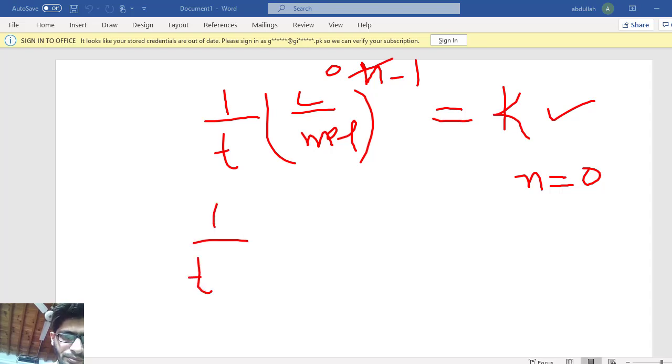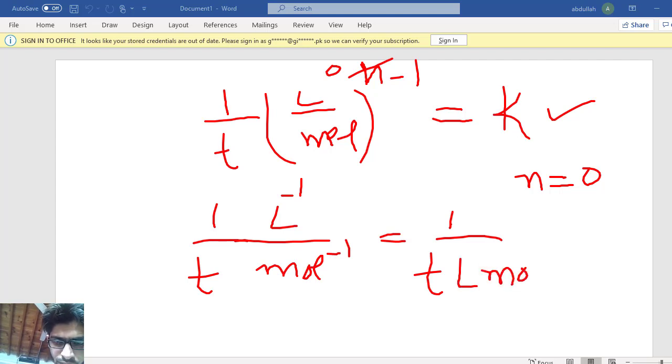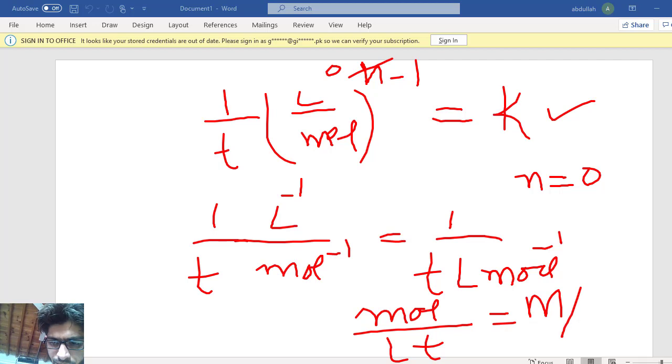We get 1 over time, liter by mole to the power minus 1, and it is nothing but 1 over time, 1 over liter, mole inverse. So this is mole per liter into time, which is nothing but molarity per second, and it is the unit of rate constant for the zero order reaction.